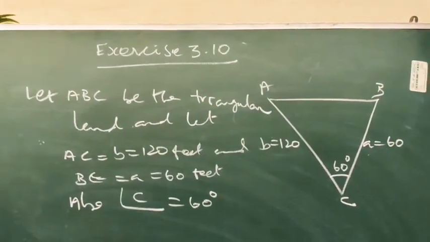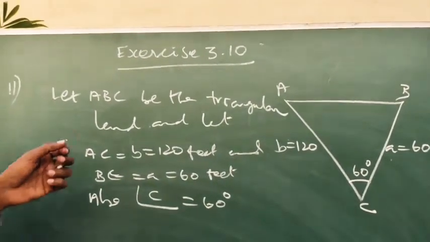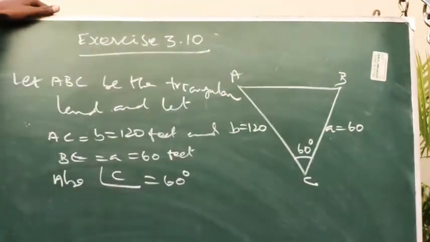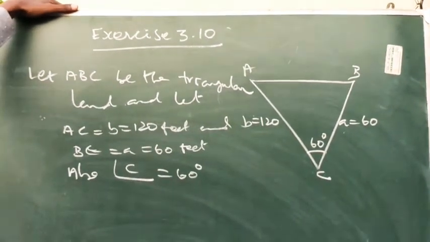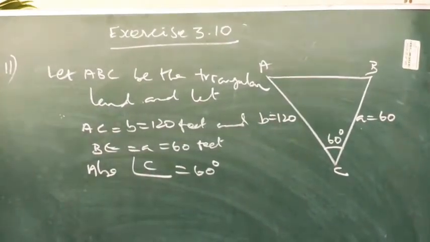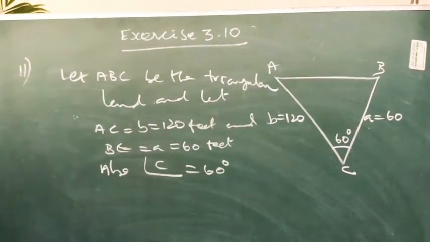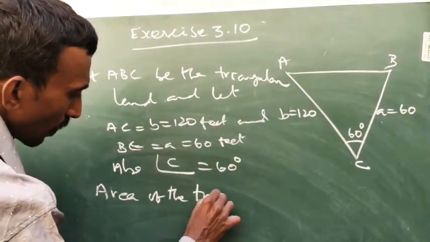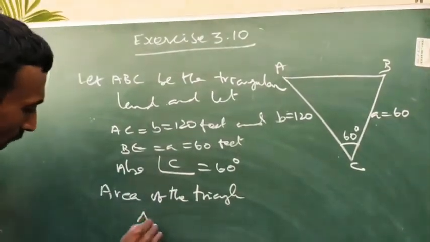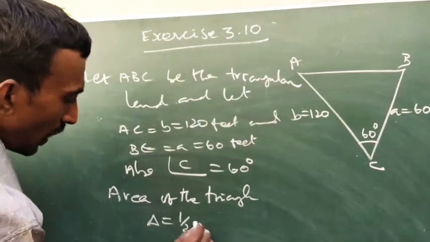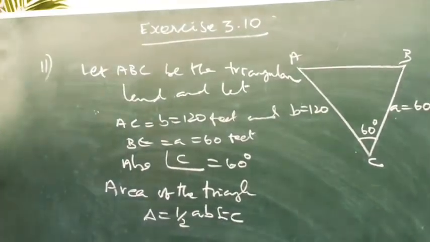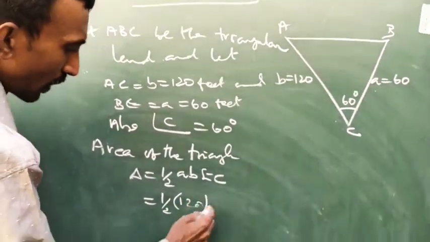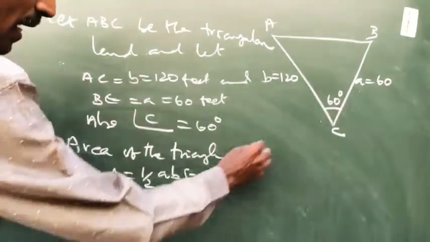Our aim is to find the amount needed to purchase the land, given that the cost is rupees 500 per square foot. First we need to find the area of the triangle. The area formula in terms of C: delta equals half AB sin C. So half into 120 into 60 into sin 60.